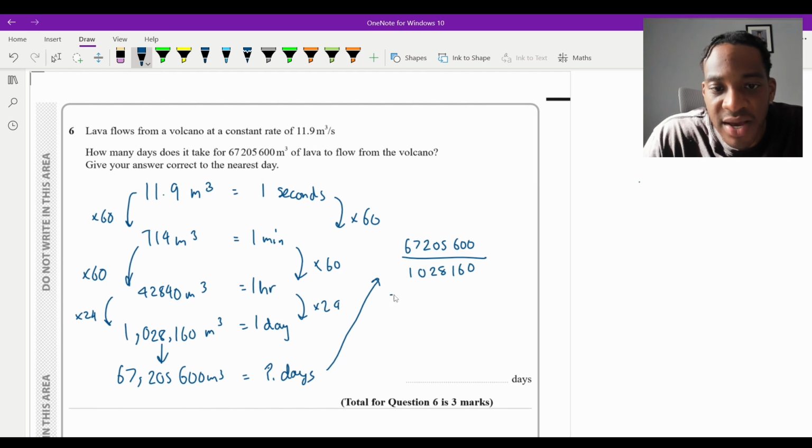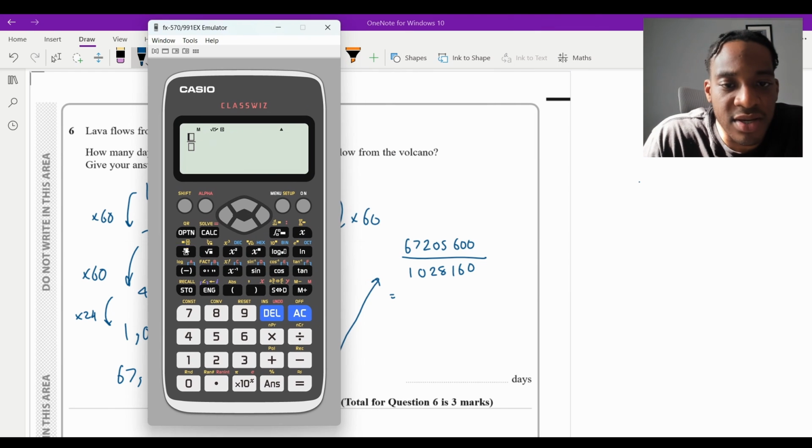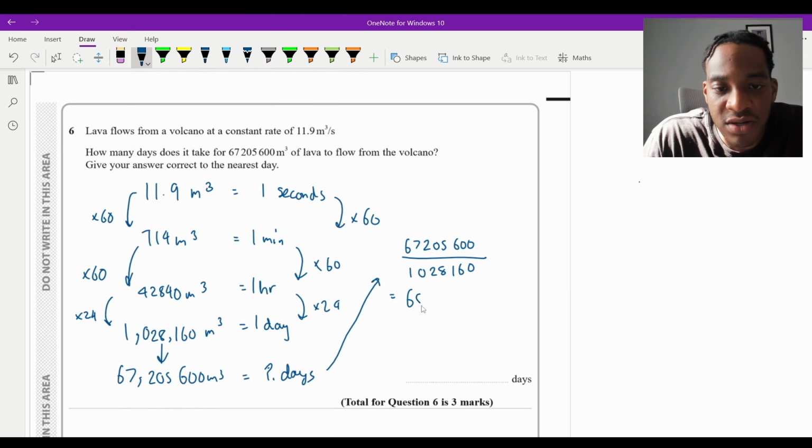So I'll put this into my calculator and see what it gives me. This gives me 65.36364 and so on days. However, the question asked us to give it correct to the nearest day, which is to the nearest whole number, and that's just clearly 65, isn't it? So the answer is just 65 days.